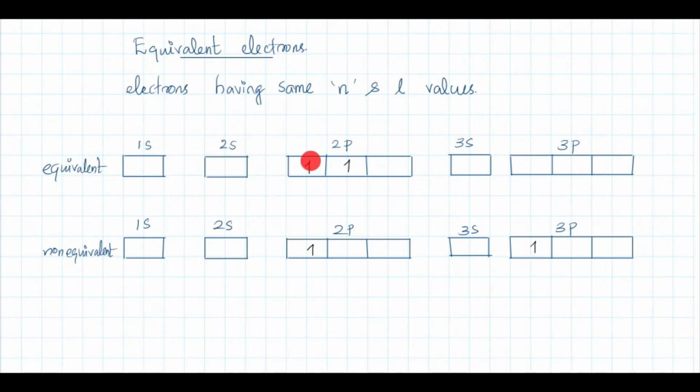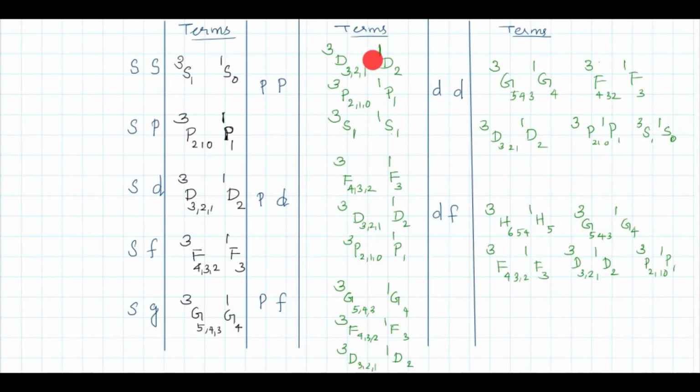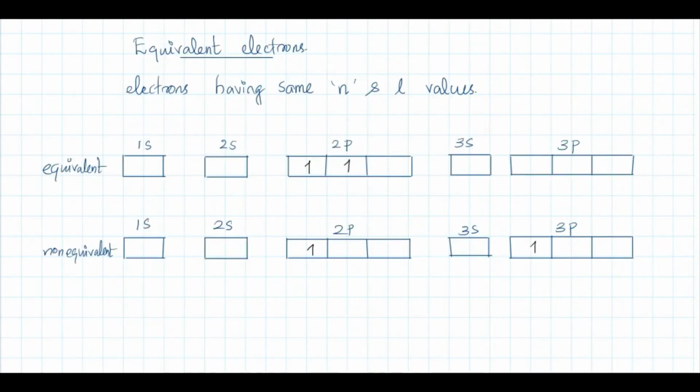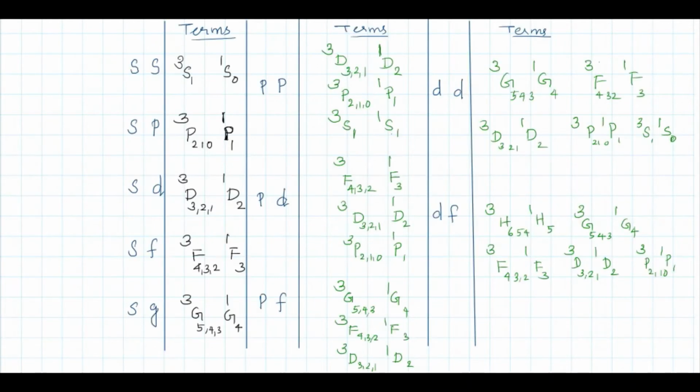If both electrons go to 2p, then they are equivalent. And in the case of equivalent p electrons, you cannot have this many spectroscopic terms. There will be some restriction as per the Pauli exclusion principle. If one is in 2p and the other is in 3p, there is no problem. All these 10 spectroscopic terms are possible.